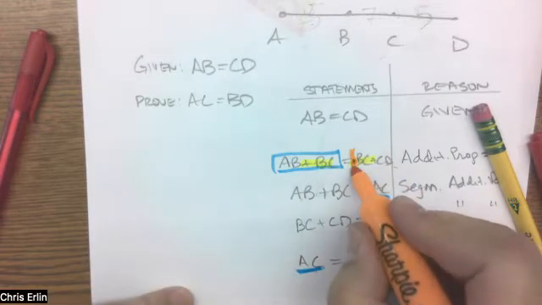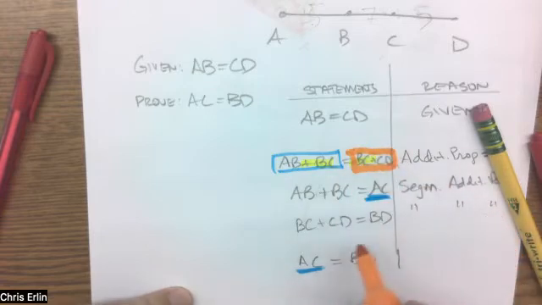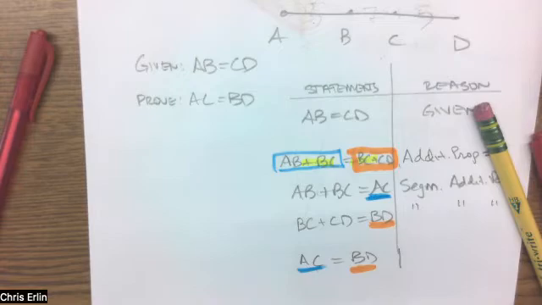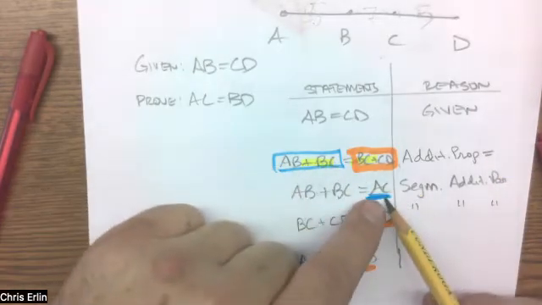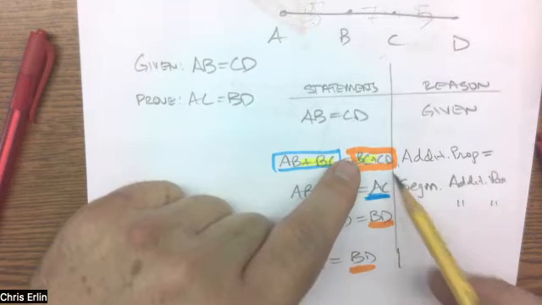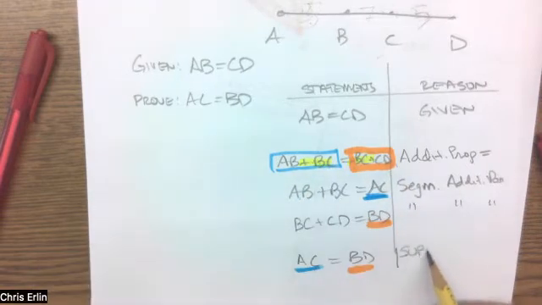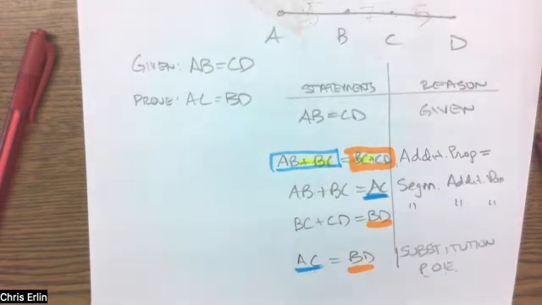And then I'm going to take the right side and replace it with BD. So take this statement, replace that for that, and that for that with the substitution property of equality, and I reach my end.